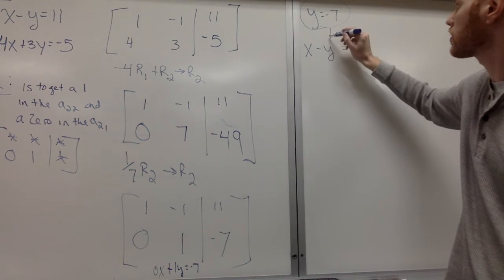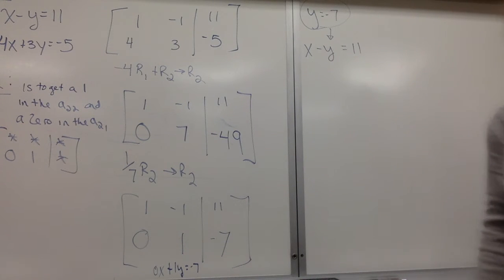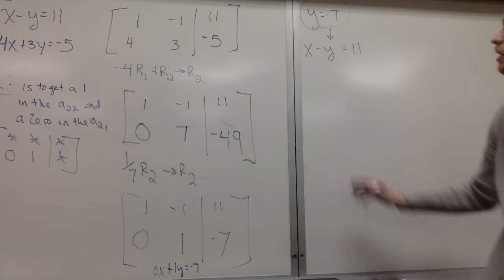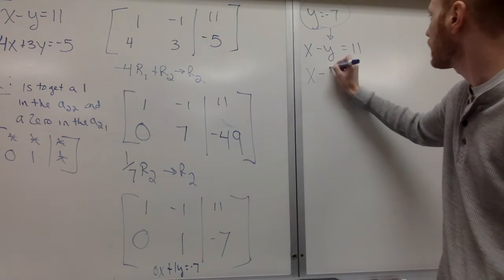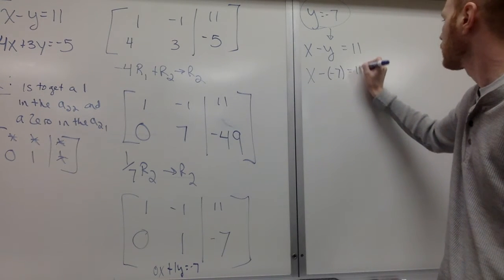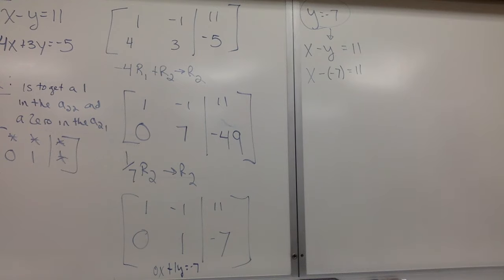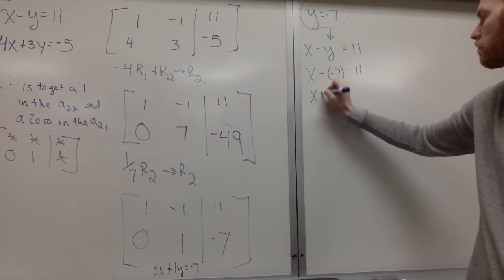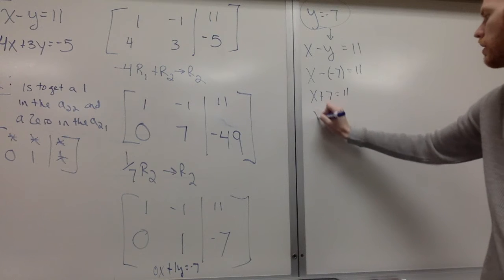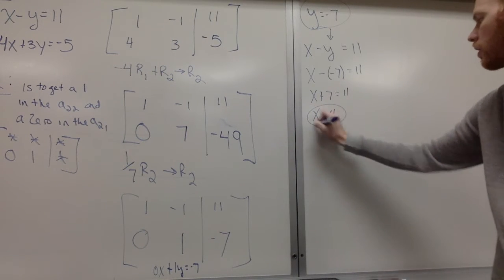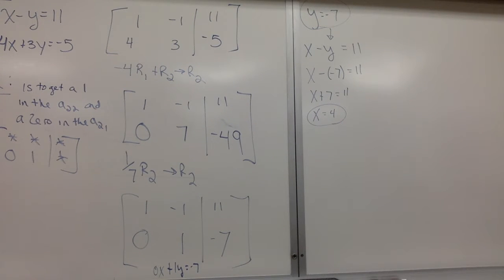I'm going to substitute what y is into this guy and solve for x. So x minus a -7 equals 11. So this is just a +7. And then when I subtract, I get 4. Okay? So my answer is going to be y equals -7, x equals 4.